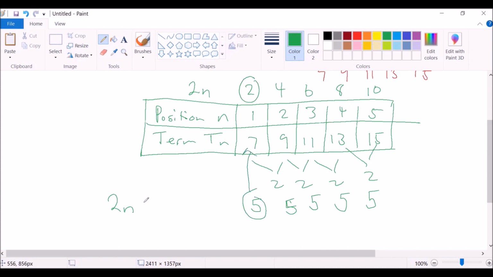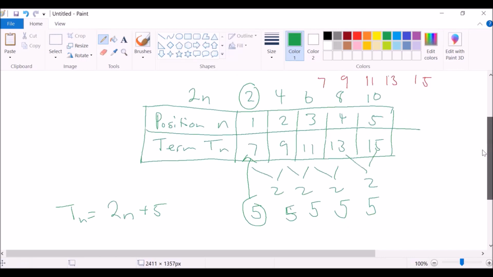Okay? So 2n plus 5 is Tn for this linear sequence. 2n plus 5 will give us 7. 2 plus 5 will give us 7. Let's look here, position 2: 2n is 4 plus 5 will give us 9. 2n for position 3 is 6 plus 5 will give us 11 and so forth.